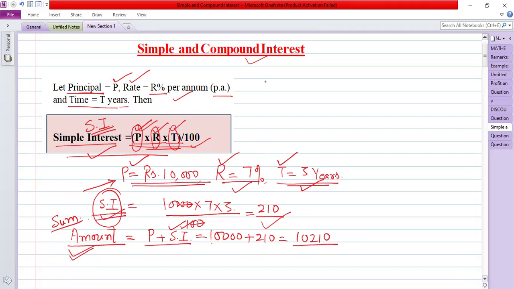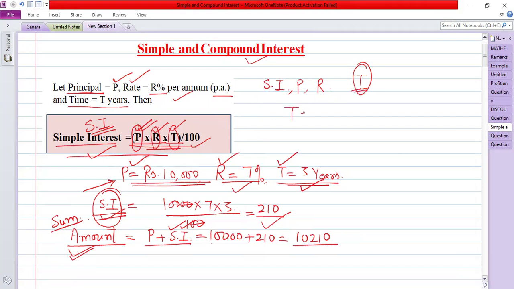Similarly, suppose simple interest is given, and we are given P, the principal amount, and R, the rate of interest. Then obviously we have to find T, the time.